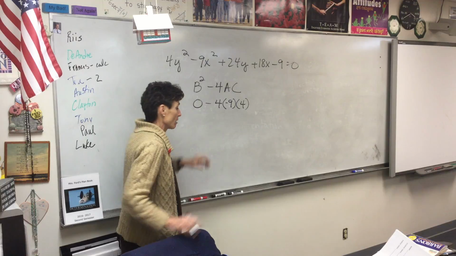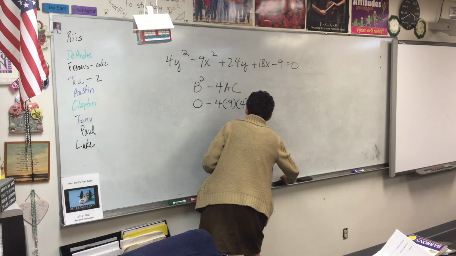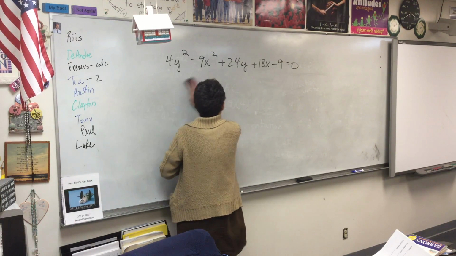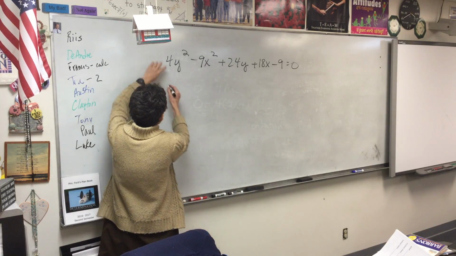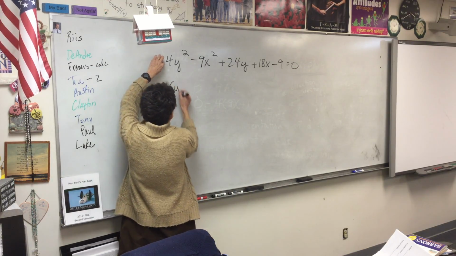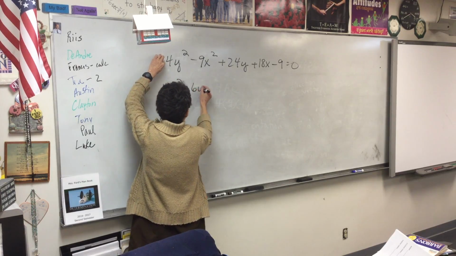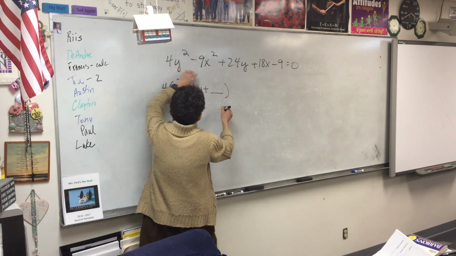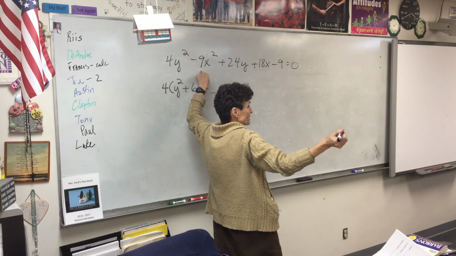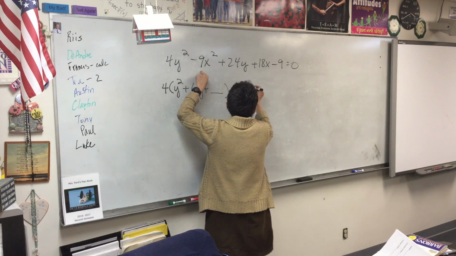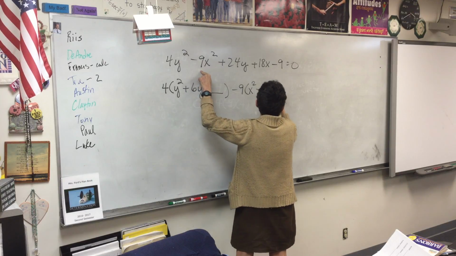Okay, so we know it's a hyperbola. Now we're going to put it into standard form. Remember how we do that. Group our y's and pull out a 4. We group our x's and pull out a -9, and this is where things get hairy. That would be x squared minus 2x.